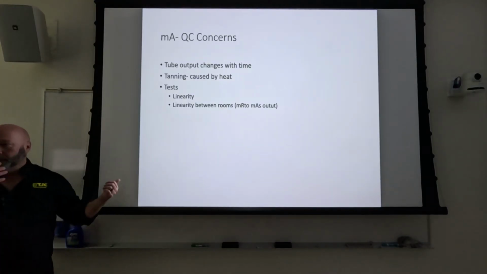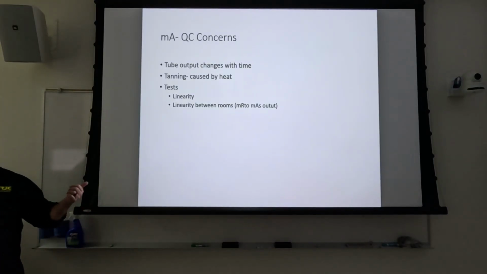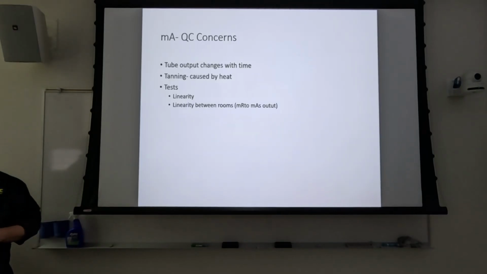Right, so our QA for that is every year our physicist will come in and make an exposure and measure the amount of output from the X-ray tube. That's that linearity, right? They'll measure, and it's really deeper than that, it's overall mass, but they'll set the mass and find out exactly how much radiation is coming out of the X-ray tube.